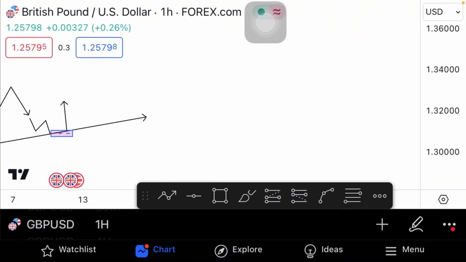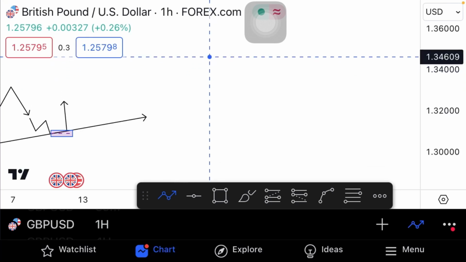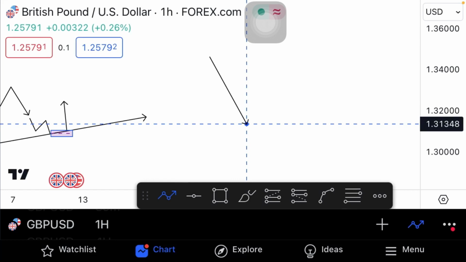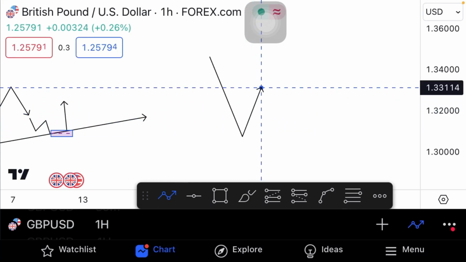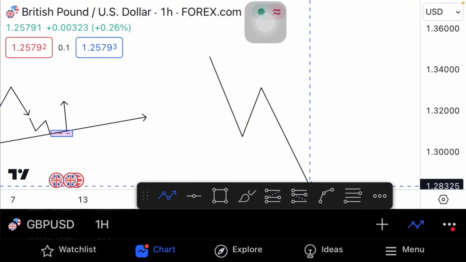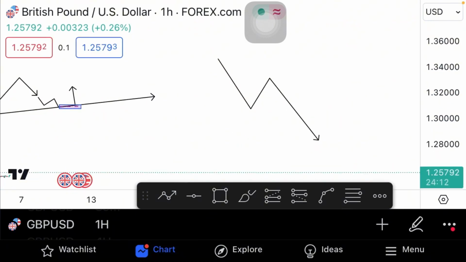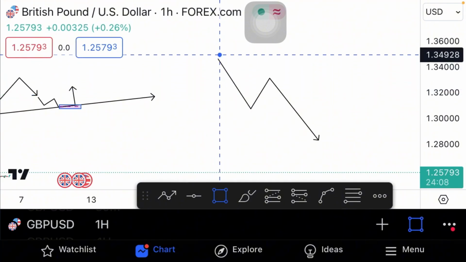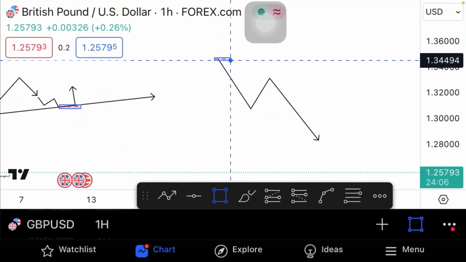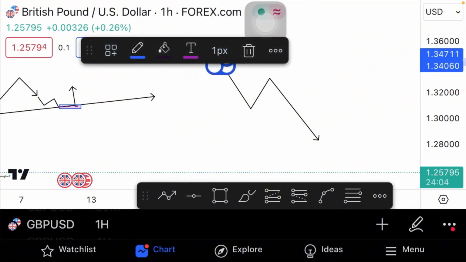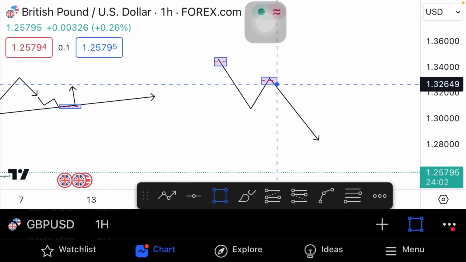The next type of trend line we have is the downward trend line. We connect the peaks when price is making lower lows and lower highs. If you see on this price now, price made a low, made a lower high, made a lower low. So all we need to do is connect the two peaks. This is our first peak here, this is the second peak here.